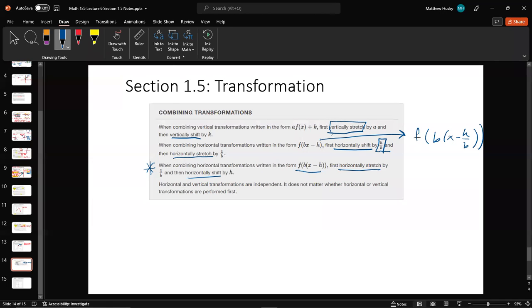You do the stretches first, followed by the shifts, which is usually a little easier for people to do. Horizontal and vertical transformations are independent. It does not matter whether horizontal or vertical ones are performed first. So that's kind of a summary of some of these here.